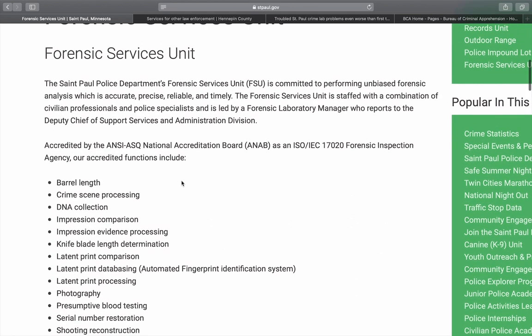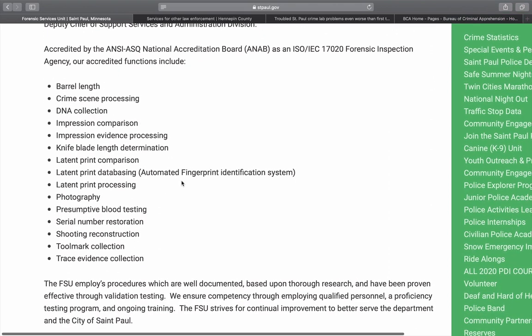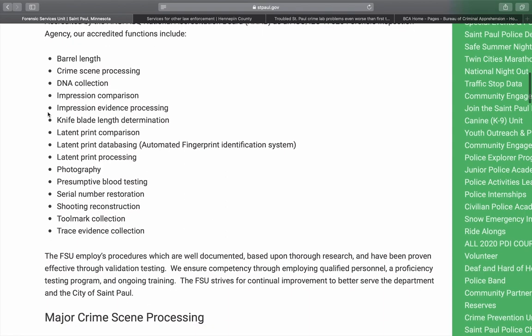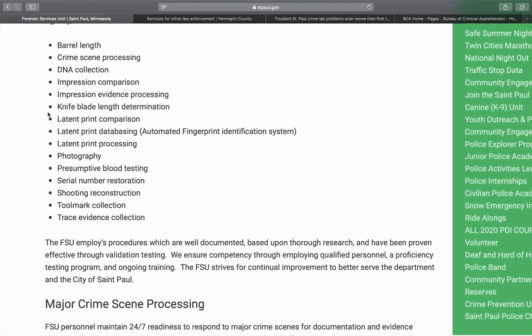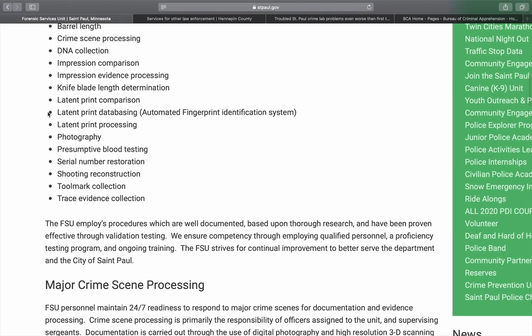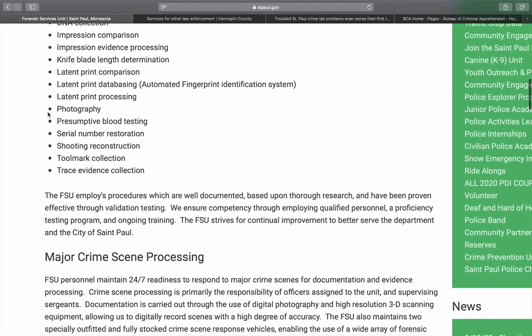And look at all that the St. Paul Forensics Unit does, all the services: barrel length, crime scene processing, DNA collection, impression comparison, impression evidence processing, knife blade length determination, latent print comparison, latent print databasing, latent print processing, photography, presumptive blood testing, serial number restoration. It's pretty cool.